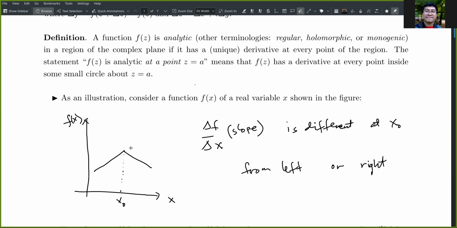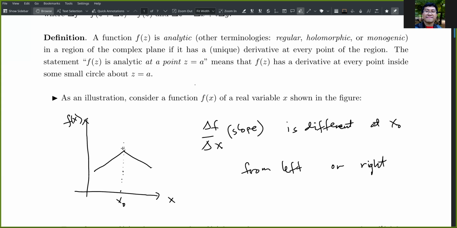From the left, if you go towards x sub 0, the slope is upward, it's positive, and then when it reaches this point, after or to the right of this point, it becomes negative, it slopes downward.